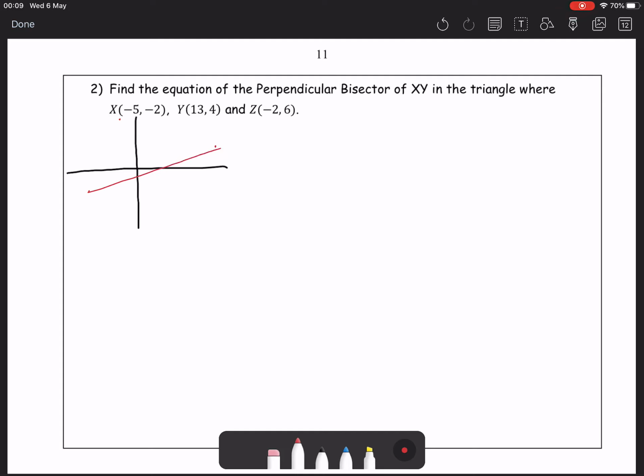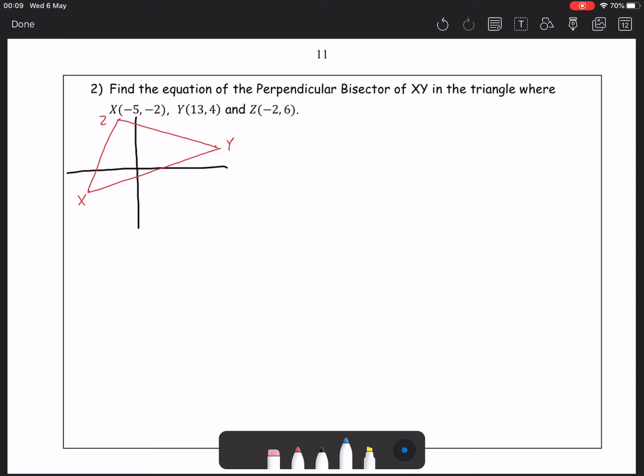This is a rough idea of what we're looking for, where we have X, Y, and Z. And we are looking for the perpendicular bisector of XY.